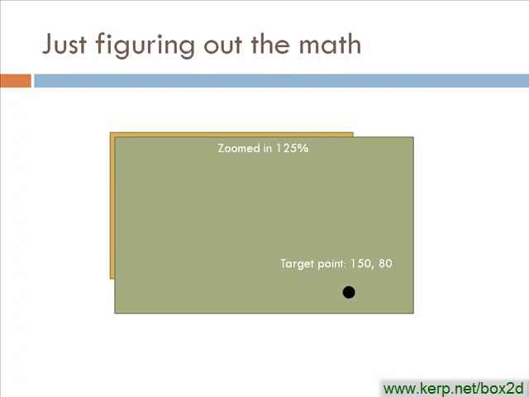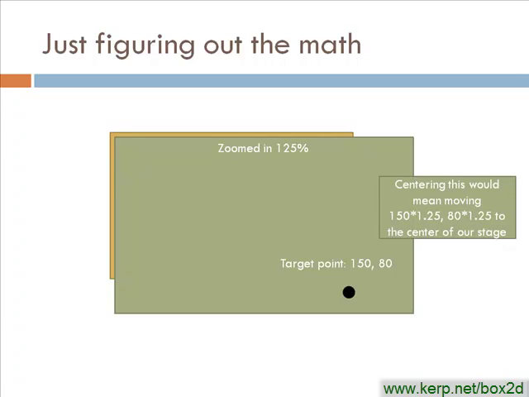Now, let's say our camera is now zoomed in 125%. Now, within our camera sprite, our target point still thinks it's at 150, 80, but of course, from our stage's point of view, this target point is at 150 times 1.25 and 80 times 1.25. So centering this means that we want to move this 150 times 1.25, 80 times 1.25 to the center of our stage.